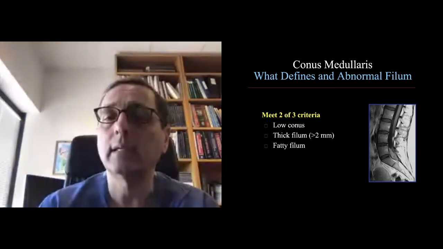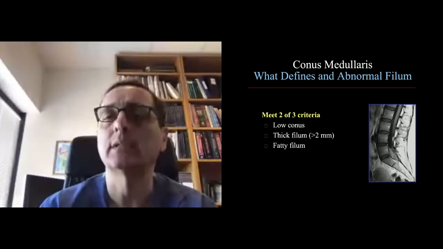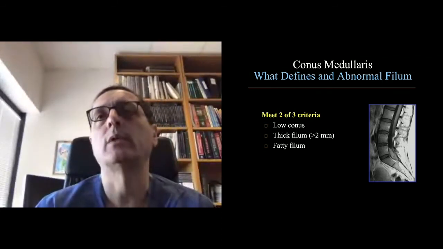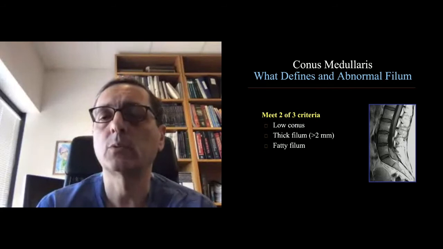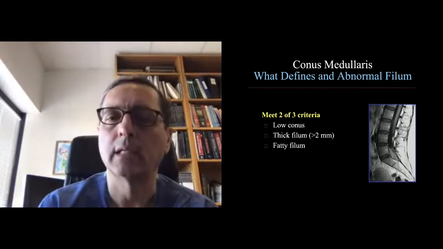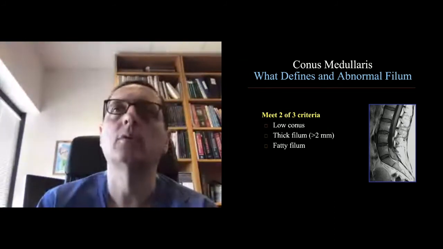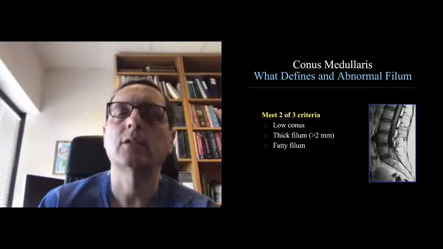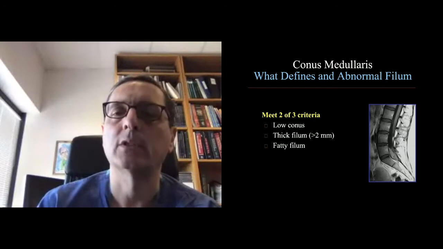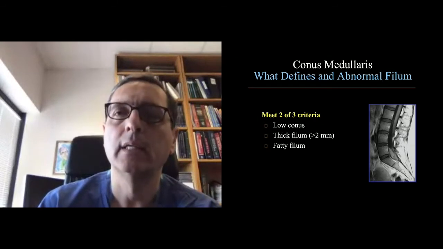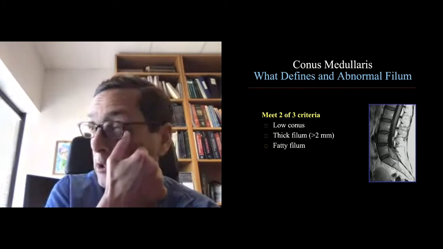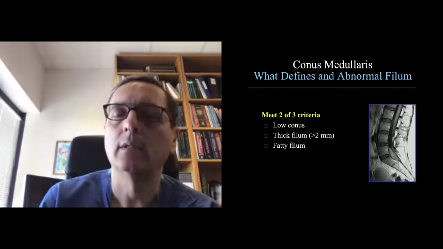But there are controversies with this, and there have certainly been situations where the conus was not low and the filum was not particularly thick, and people have been diagnosed with something called occult tethered cord. But this is highly controversial. And these are the types of tethered cords that have been associated with Chiari 1 malformation. So it's a very controversial area that I think someone will be giving a lecture on later in this meeting.